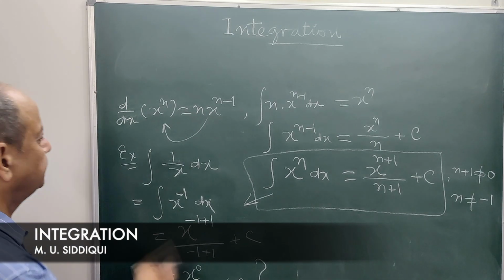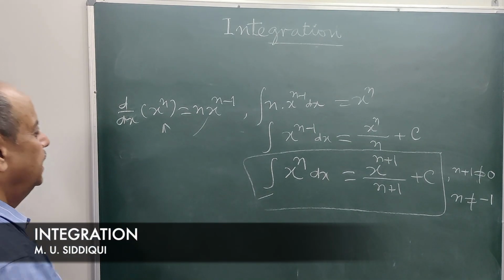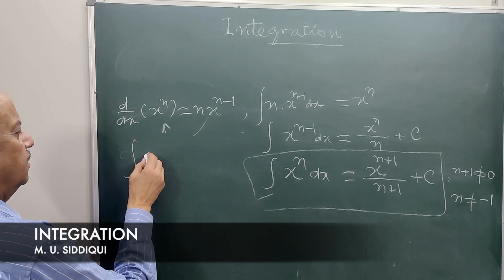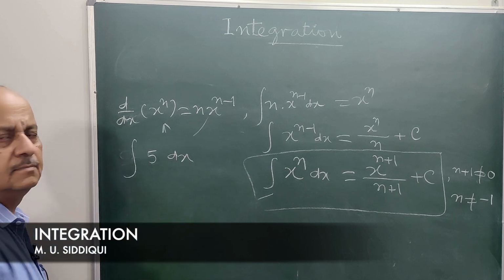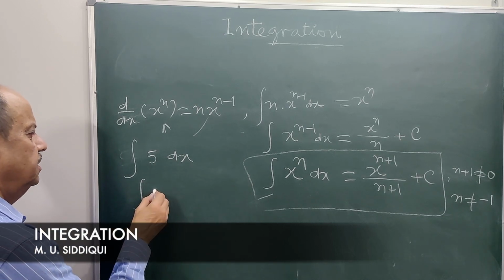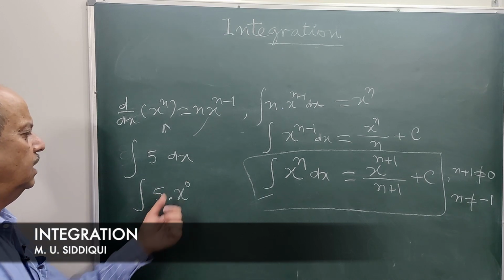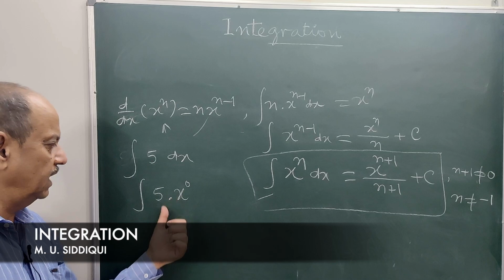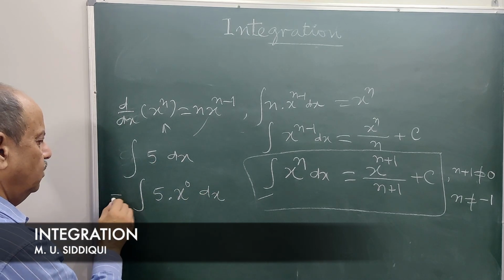Just one more. If you have to integrate, say, only 5 with respect to x, this can be considered as 5 into x to the power 0. You know, x to the power 0 is 1. So 5 into 1 will be 5, to be integrated with respect to x.